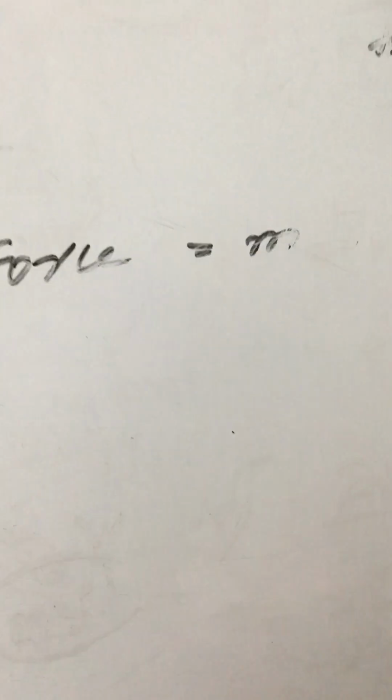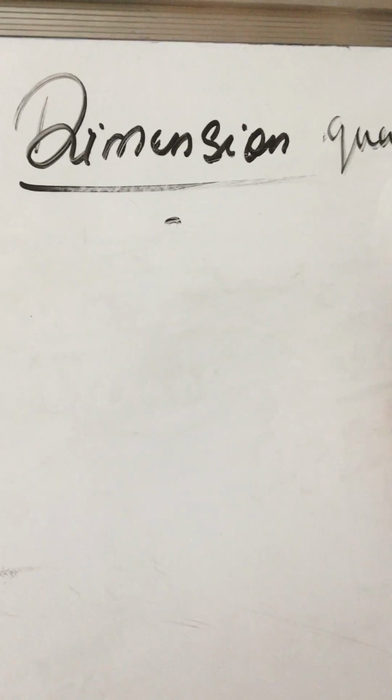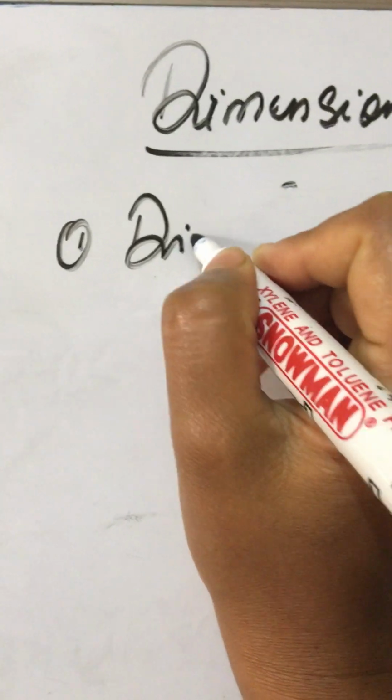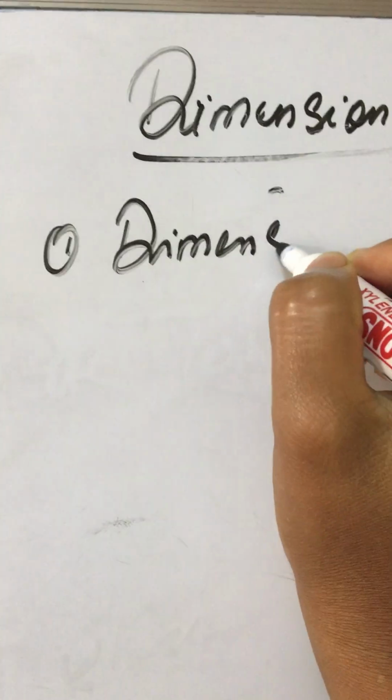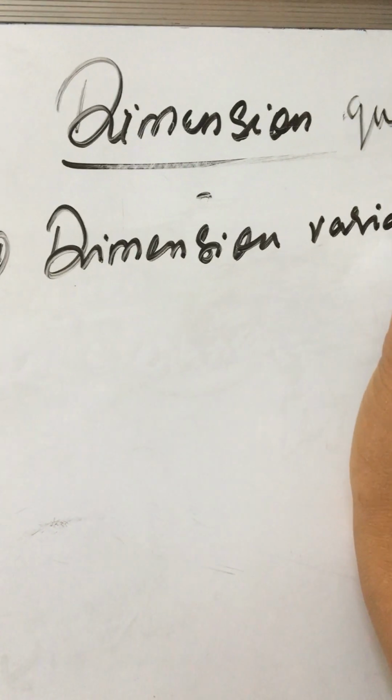Now, coming to dimension, when we talk of the dimension of any quantity, we are classifying into 4 categories. One is dimensional variable. You don't need to learn it by heart, you need to understand it.